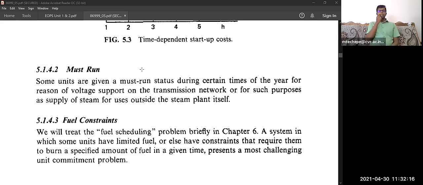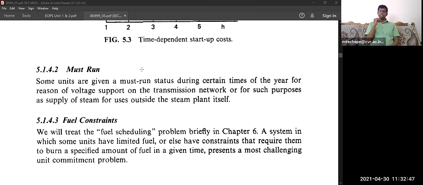So the next thing is fuel constraints. A system in which some units have limited fuel, or have constraints that require them to burn a specific amount of fuel in a given period, presents a most challenging unit commitment problem. So some units have limited fuel, only this many tons of coal available.